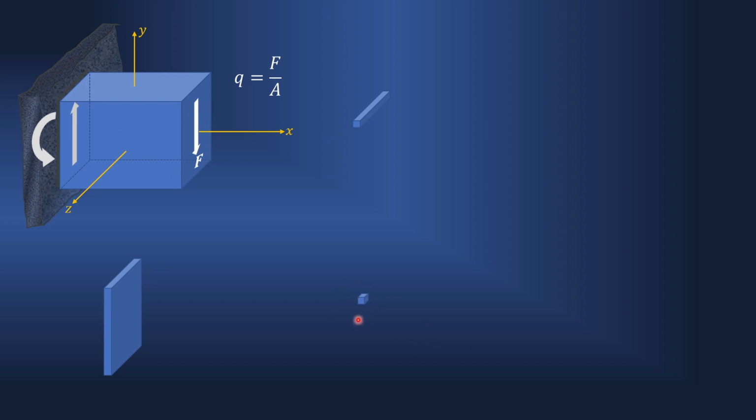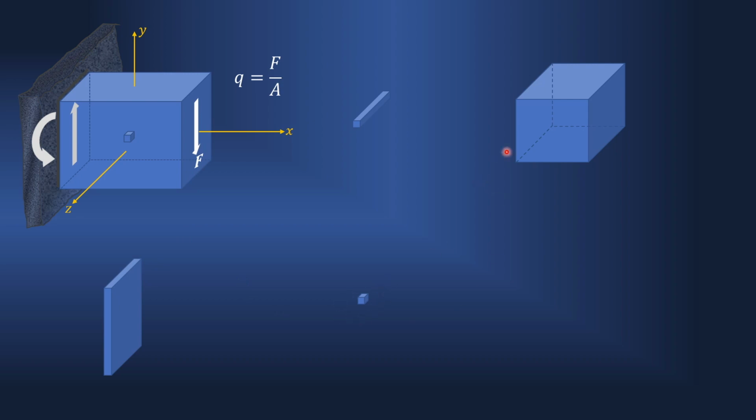This portion has length dx, height dy and width dz. Let's assume that dx is equal to dy is equal to dz, then it is a cube. It is an infinitesimally small portion of this block, so it is as good as a point. So we have considered an infinitesimally small portion of this block.